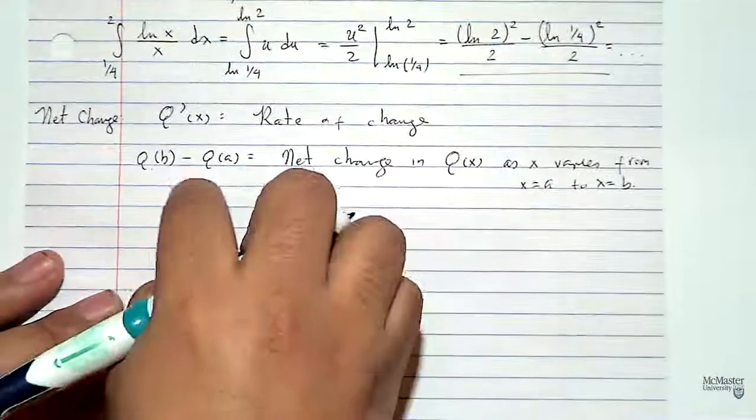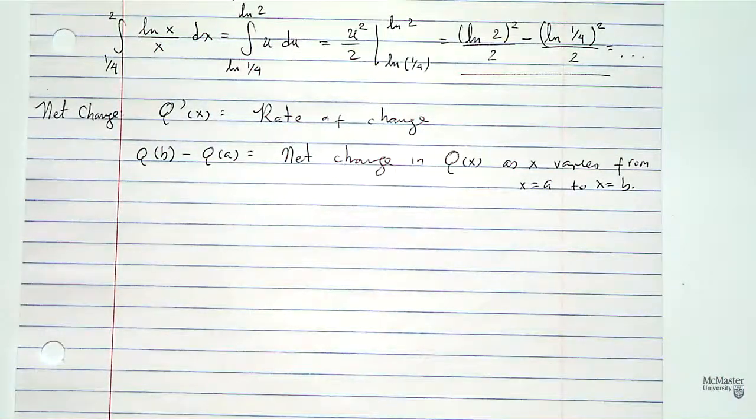This is a difference, of course. What this is trying to tell you is that if you had the information of the derivative of Q, and you wanted to compute accurately the total change in going from a to b, you could do it by performing a definite integral of the derivative, and that is what we will do.